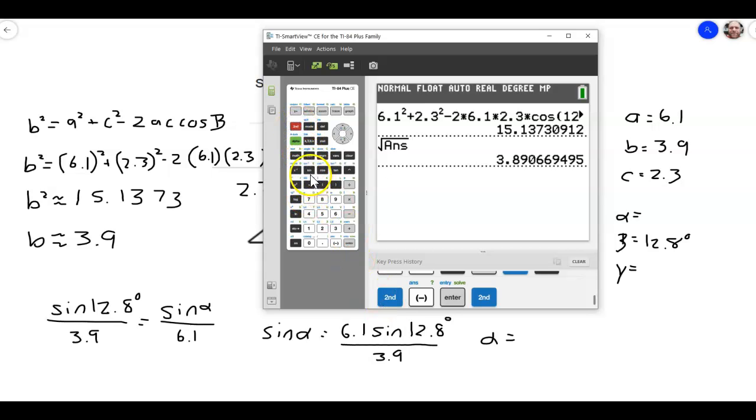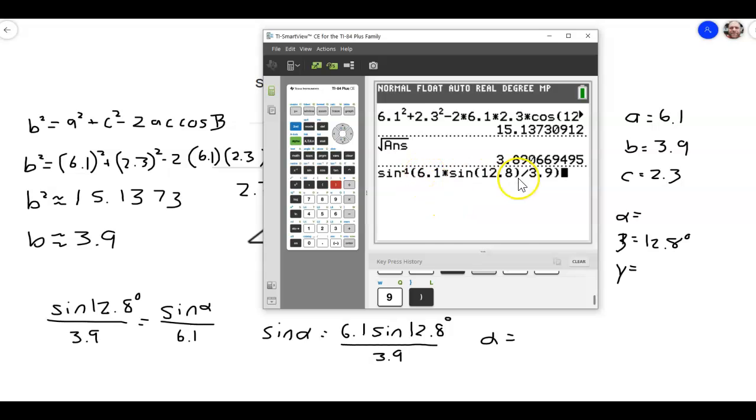So inverse sine of 6.1 times the sine of 12.8 divided by 3.9. I did not put the entire top in parentheses because it'll do that in the correct order of operations.